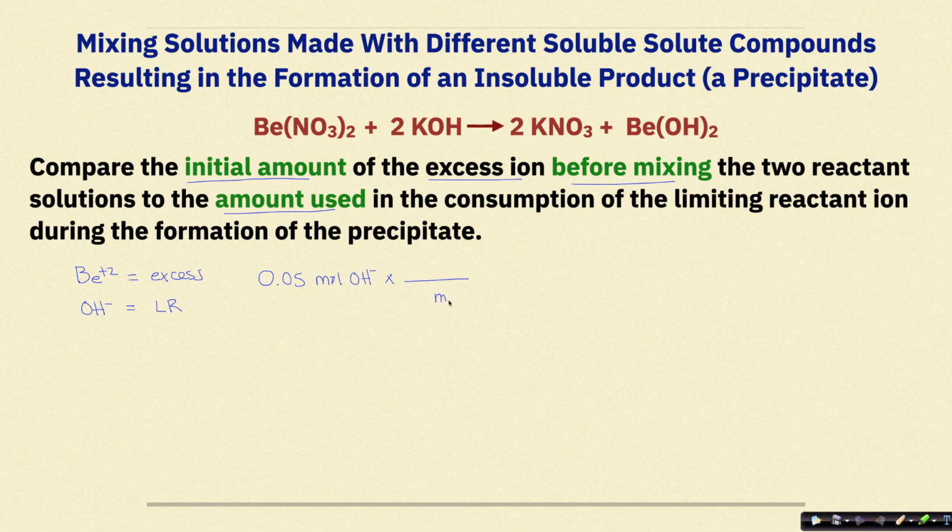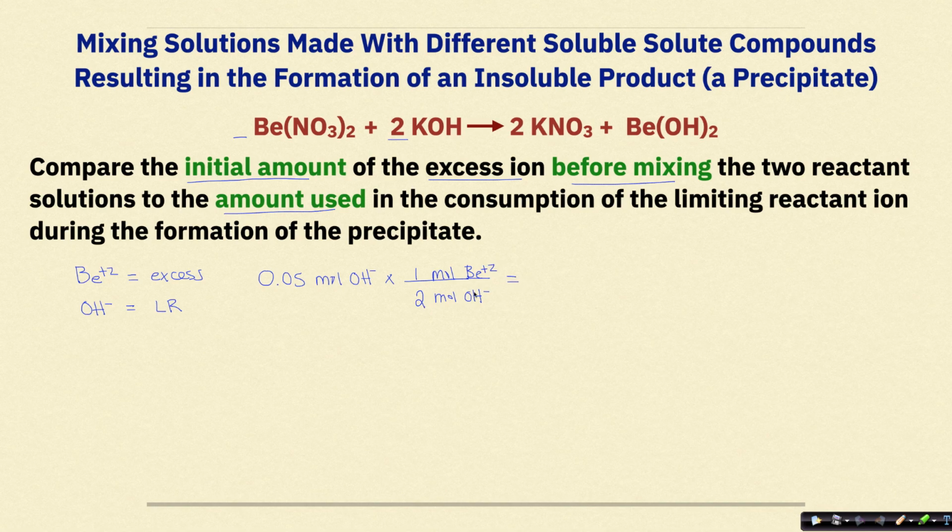So I'm going to have moles of hydroxide over moles of Be+2. And when I do this conversion, I am going to look at the coefficients for my equation. So I know that there's a coefficient of 1 in front of the Be, and I know there's a coefficient of 2 in front of the OH.